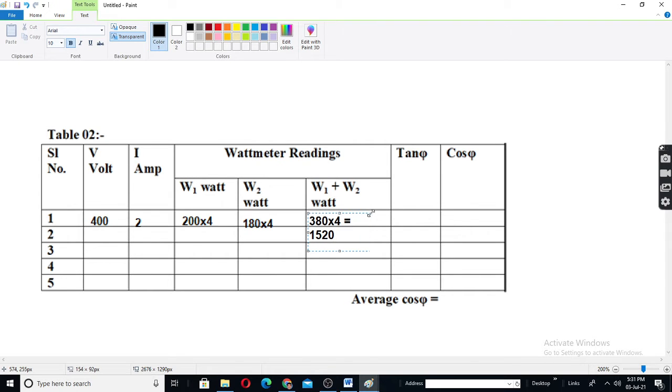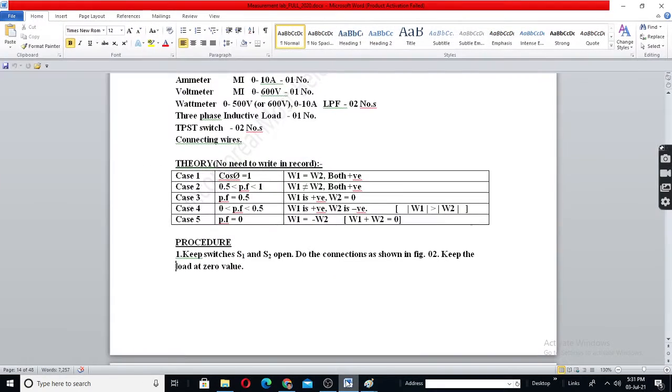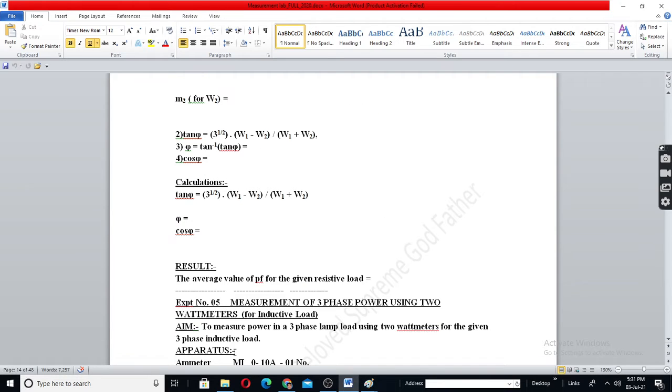Now let us calculate tan phi. Tan phi is equal to root 3 into (W1 minus W2) by (W1 plus W2). See, root 3 into (W1 minus W2) by (W1 plus W2).